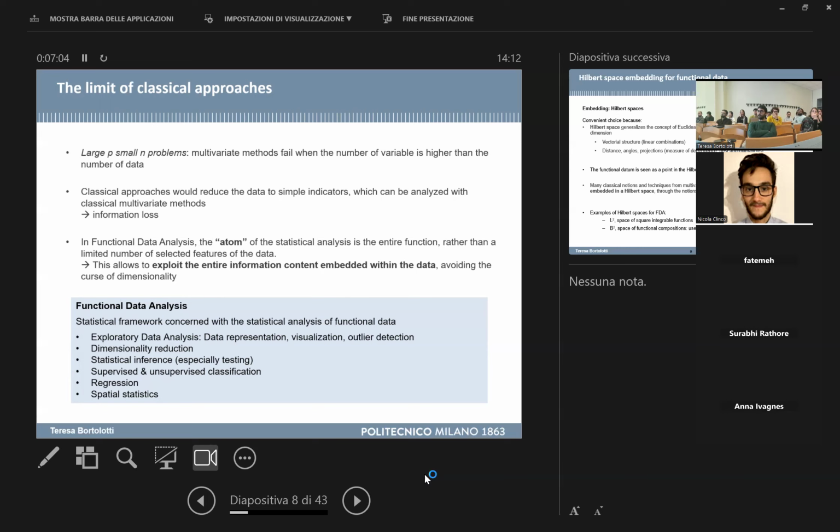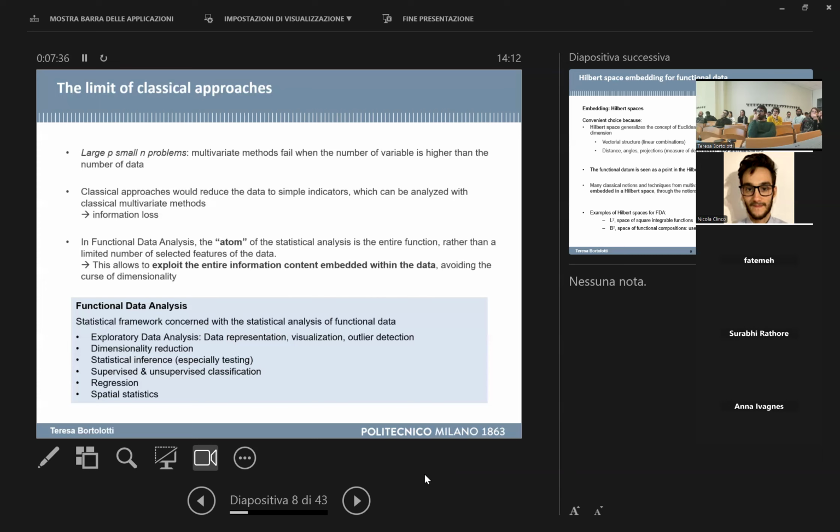So instead, if you are interested in analyzing the functional data and generally its entire characteristics, so its behavior, its first derivatives, second derivatives, and so on, you would preferably consider them as single elements, single points of a convenient space. And we will see that we consider functional data as atoms in functional spaces. So functional data analysis is the statistical setting that focuses on the analysis of data of this kind.